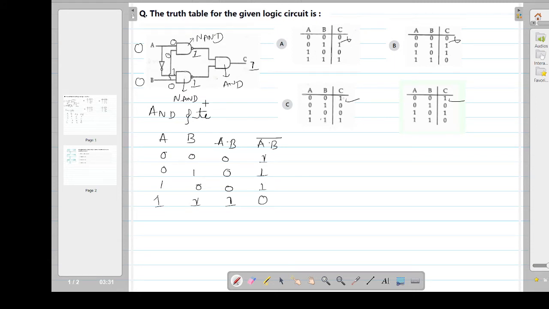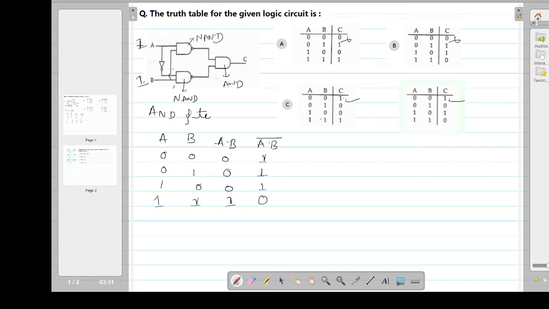So let me check 1 comma 1. Here I am drawing the same circuit. Otherwise, I will erase all these things. Now I will supply 1 comma 1 here.